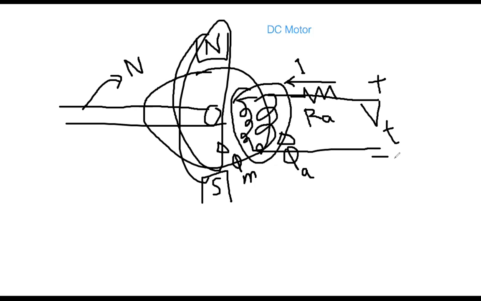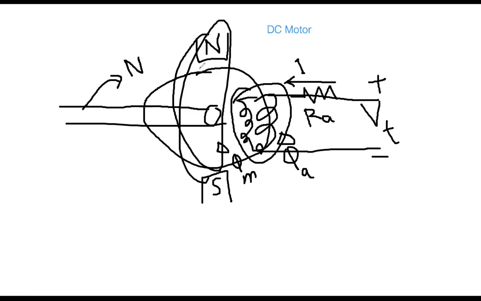So this is the sequence. First, you apply the voltage on the armature coils because current is flowing, so there is one set of flux, phi A, the armature flux. And already you have the magnetic field causing another flux, phi M, the main flux. As a result of the interaction between these two sets of flux, torque will be produced, and the shaft will start rotating.